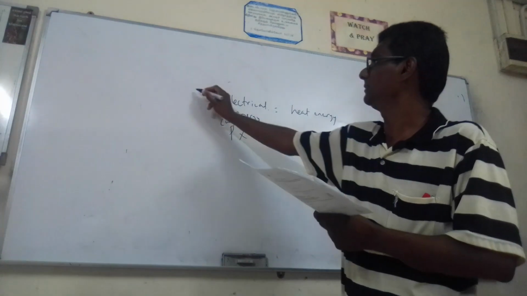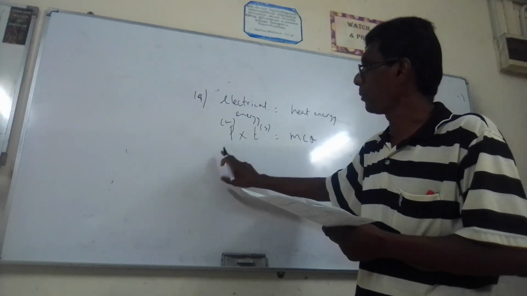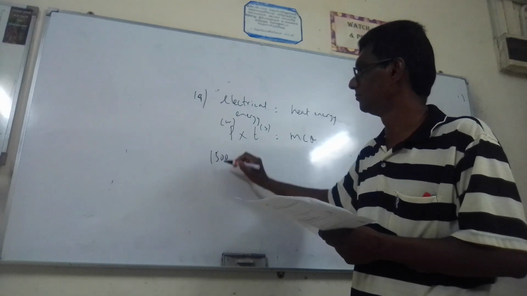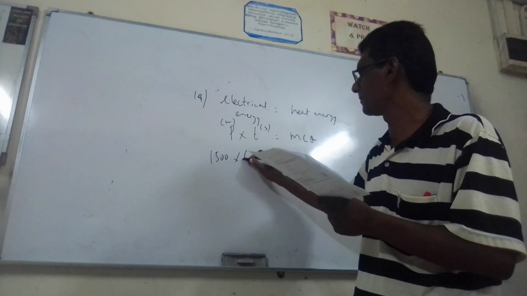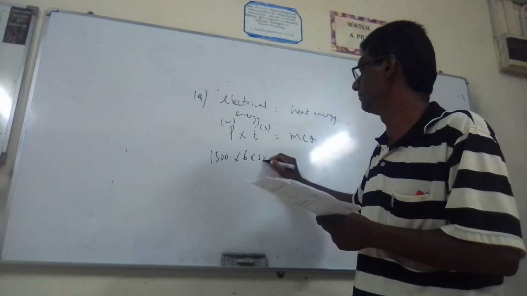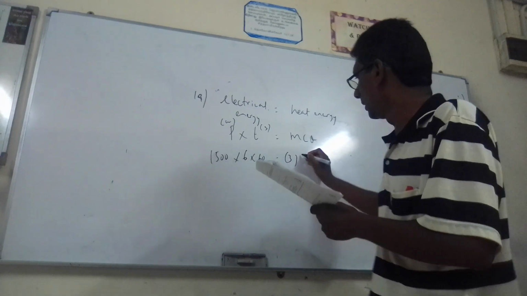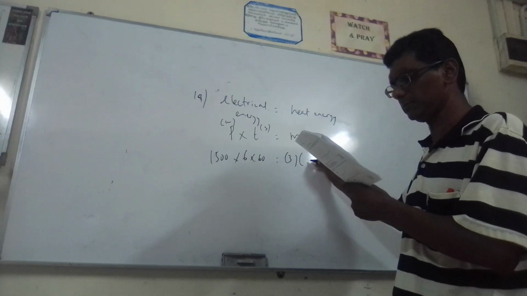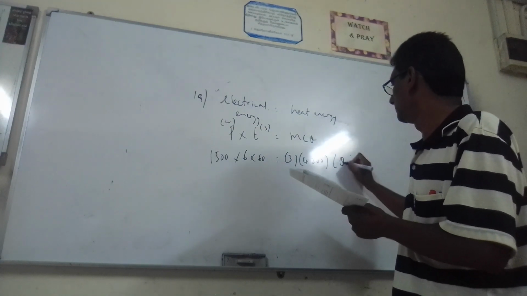Question number 19. The 1.5 kilowatt you must change to 1500 watt. The time is 6 minutes, so 6 times 60, and the mass is 3 kg, and the specific heat capacity of water is 4200, and the theta.